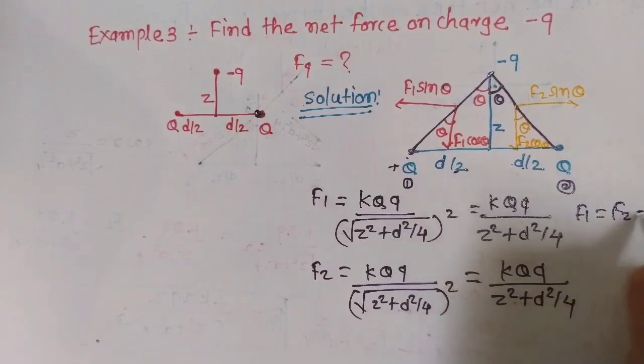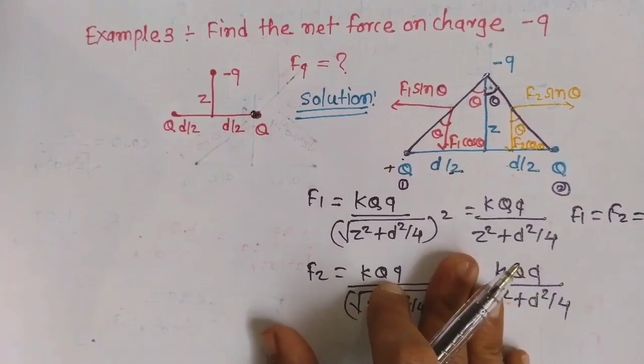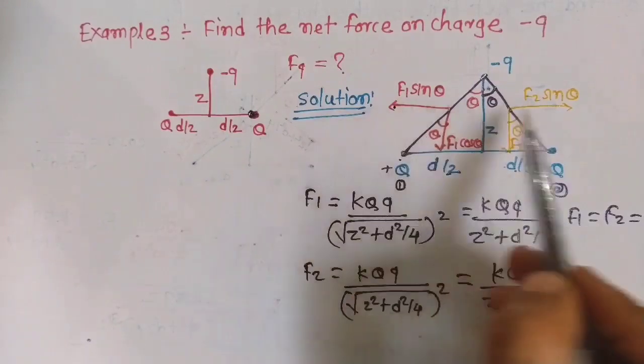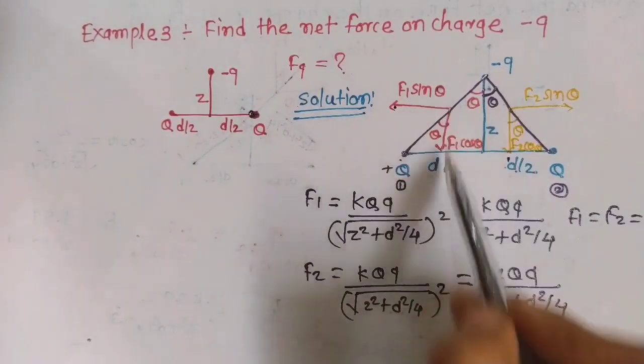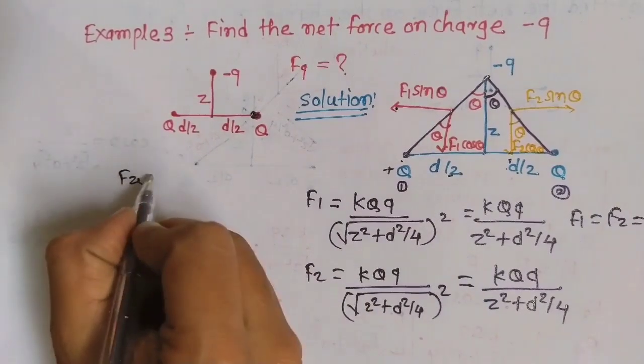So F1 and F2 are both the same. The sin components are in opposite directions, therefore they cancel each other. So F1 sin theta and F2 sin theta cancel each other.